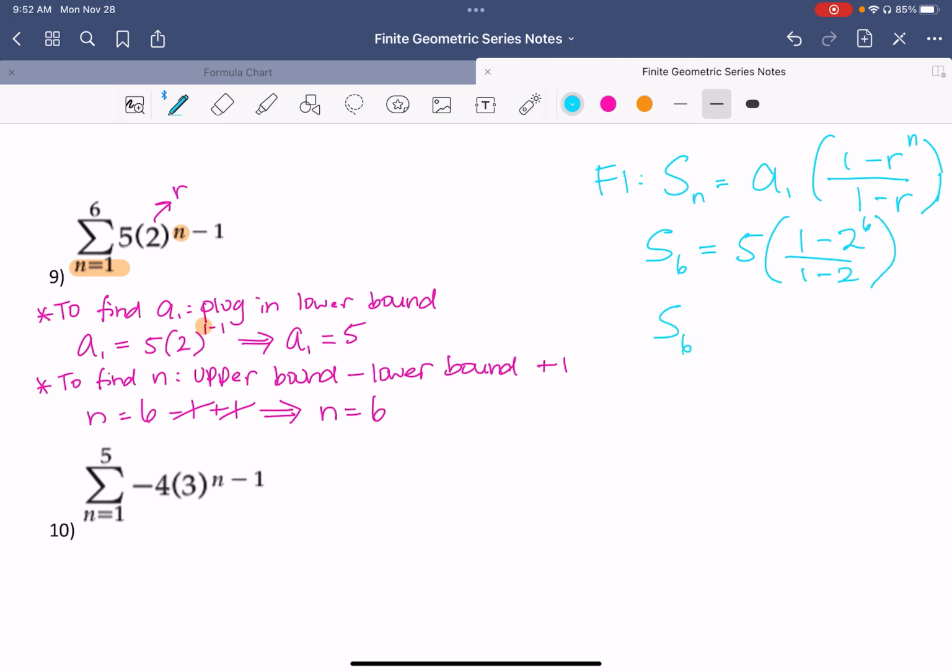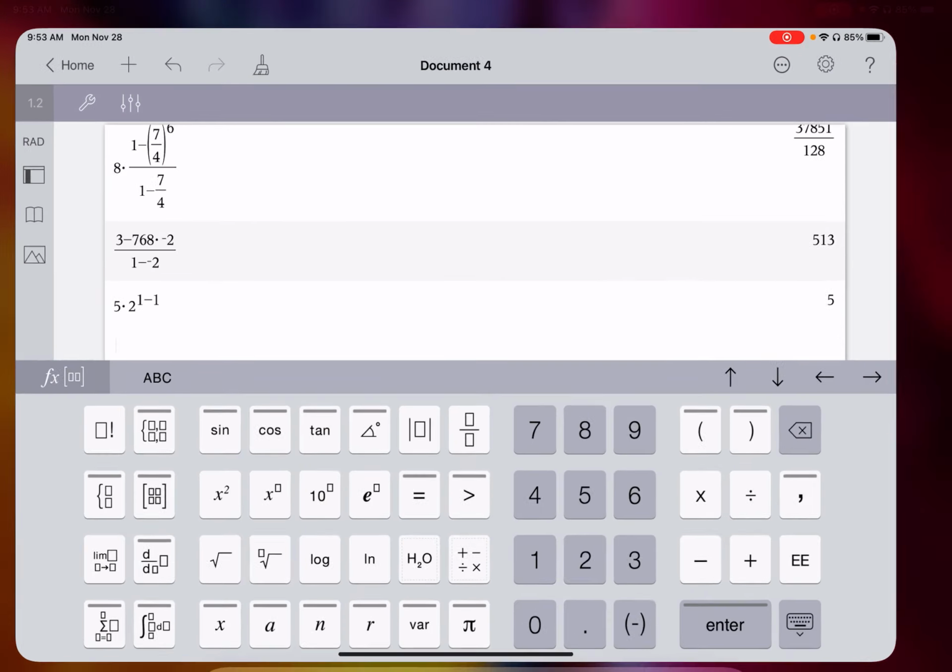Here we could use the S sub 6 notation because we're starting with 1, or we could also use the sigma notation, and it'll be the same thing. So remember, if you start at 1, you can use either. Let's put all this in the calculator.